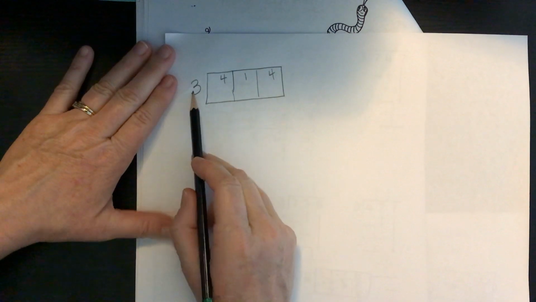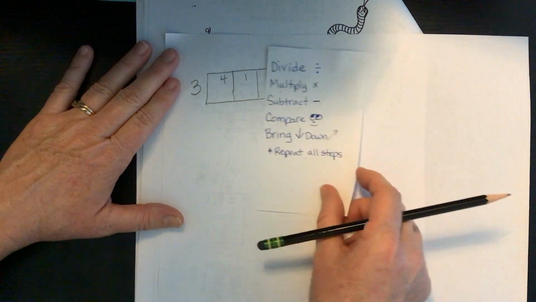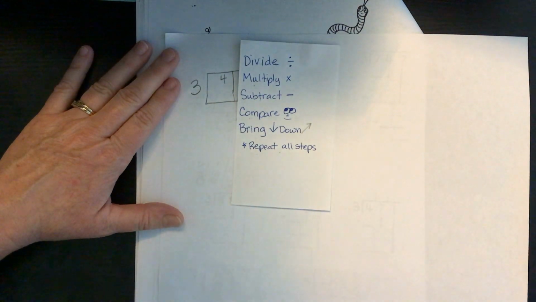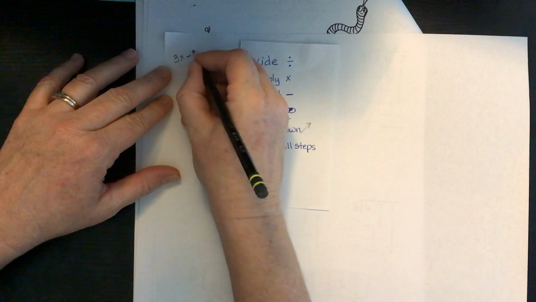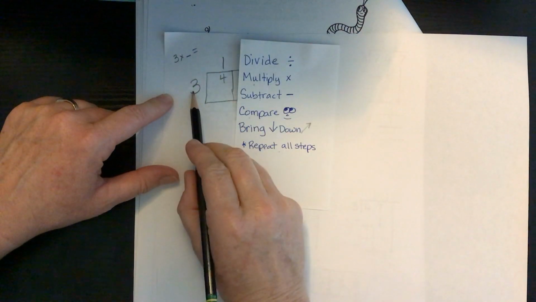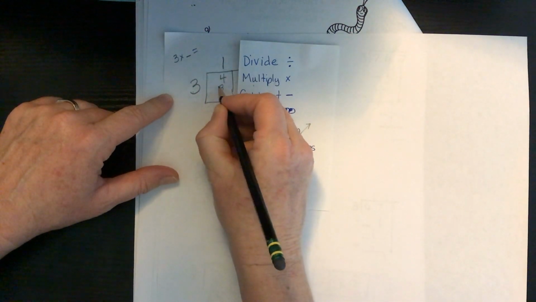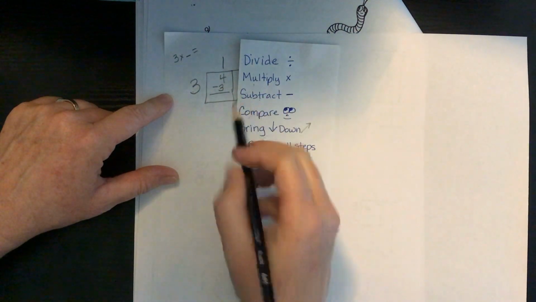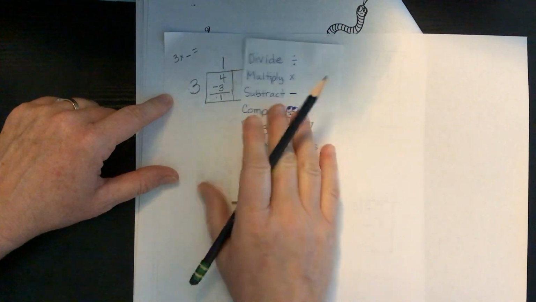So if I think about my steps, I can use my card if I need to. So I would say 3 divided into 4, well, 3. Here I'm thinking 3 times something gets me as close to that number. Well, there's only 1. So 3 divided into 4 is 1 because 1 times 3 is 3. Now I can subtract. I get a 1. I compare. It's less, so I can bring over.